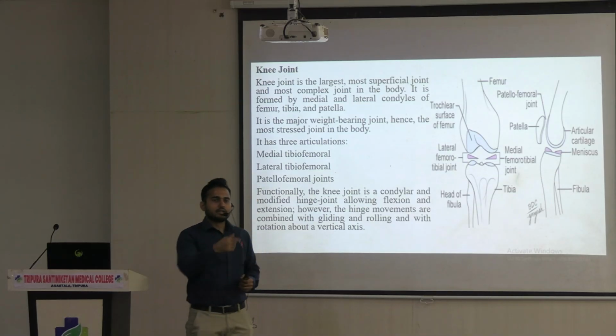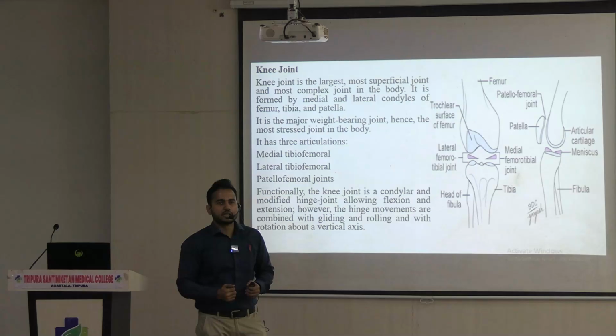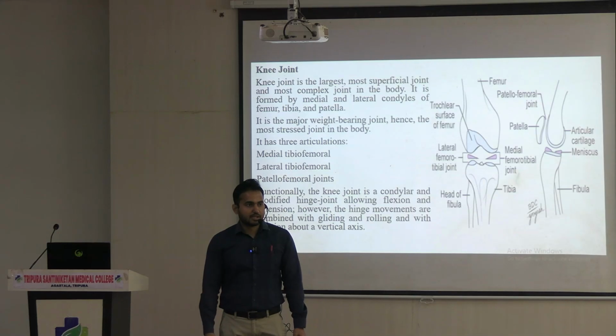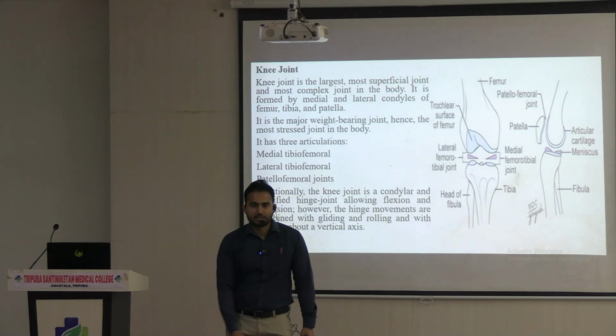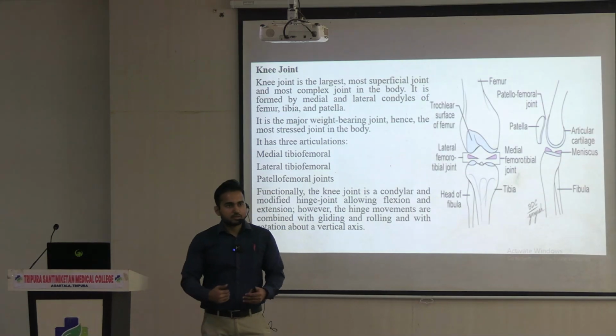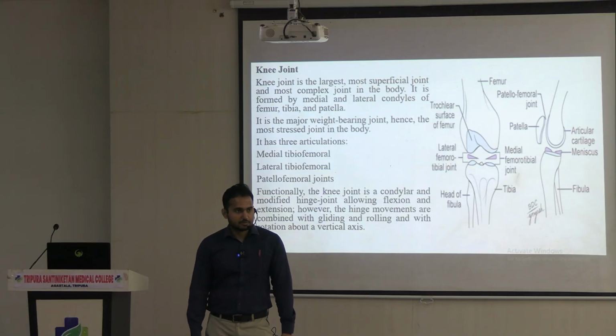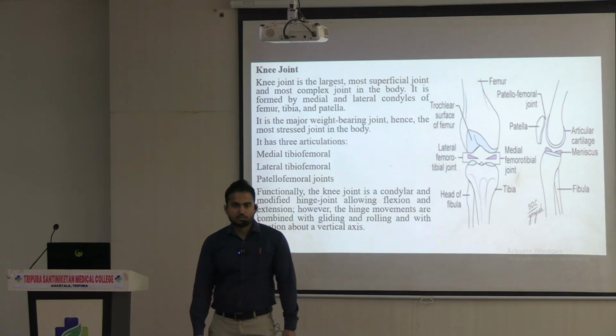For example, that day while explaining the movements of the hip joint, I told you about abduction and adduction also. In case of adduction, the range is very less because the opposite thigh will prevent adduction. At that time, you just have to semi-flex the knee so that you can increase the range of movement.